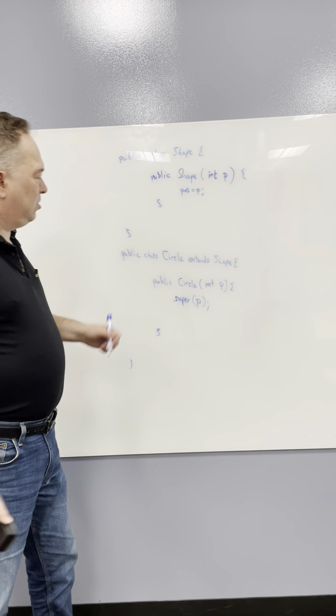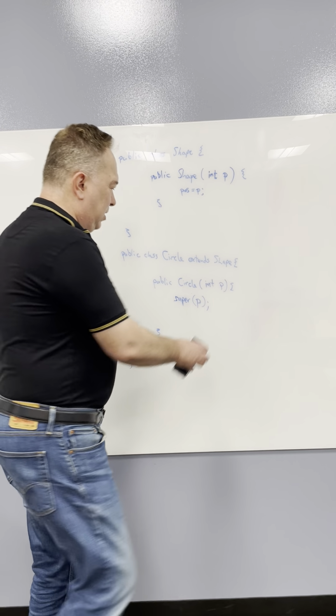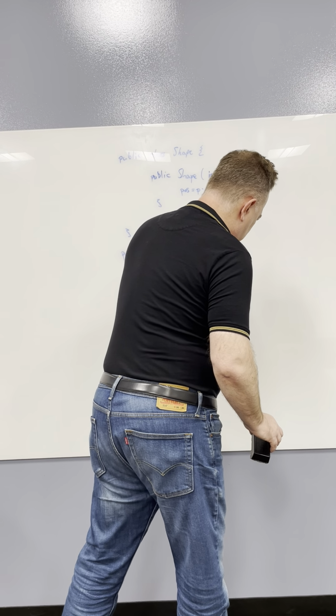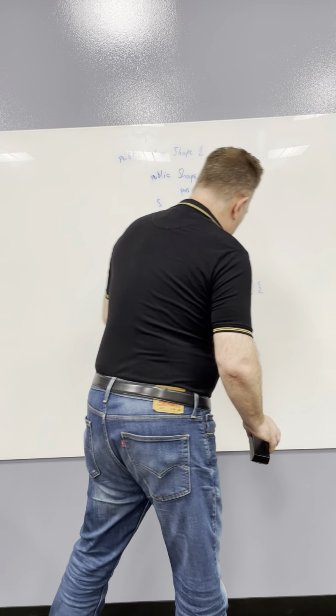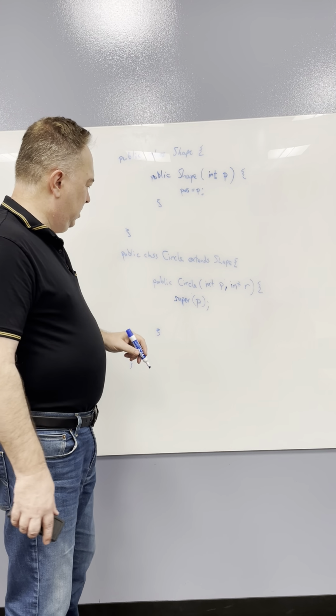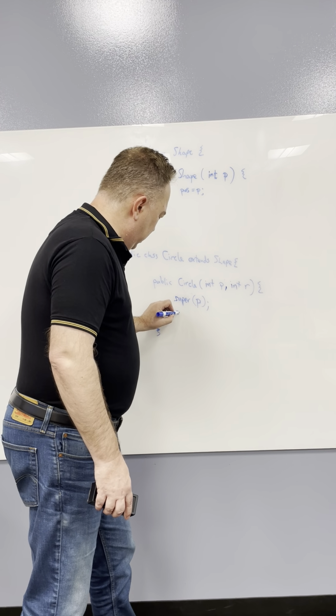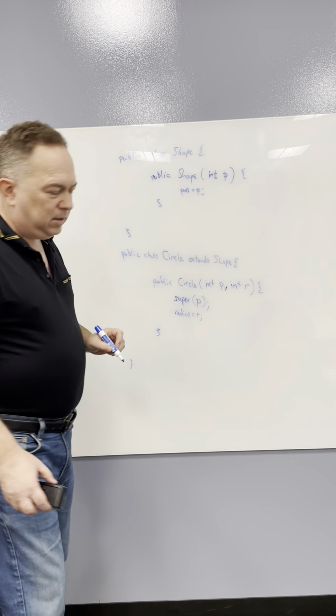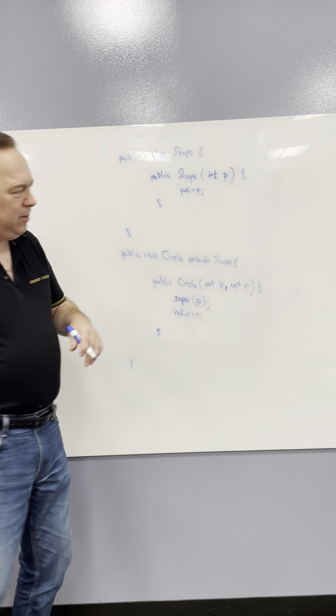Now, I told you circles might be different than other shapes. They have a radius. So let's say it also requires a radius. Shapes don't have radiuses, circles do. So here I could say something like radius equals r. So in this case, what am I doing? I'm creating the shape.